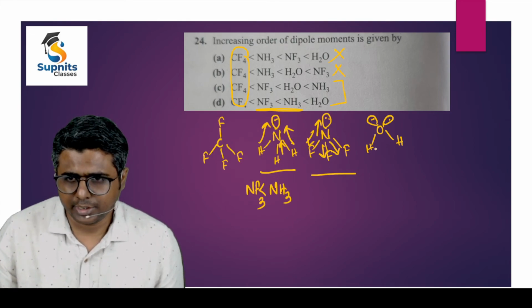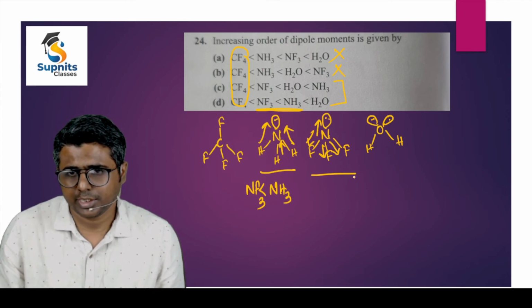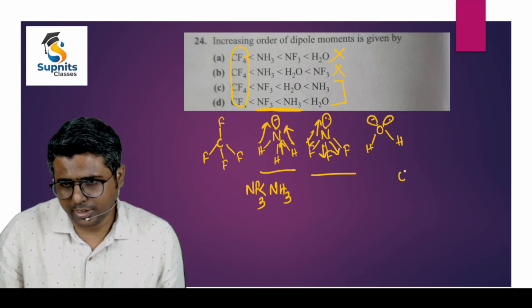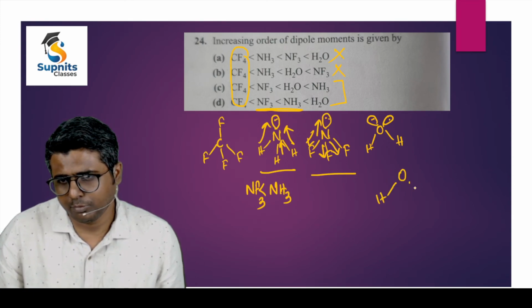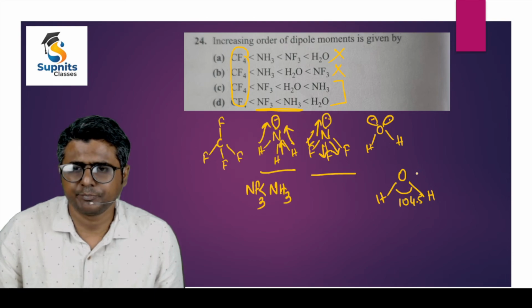Now we'll have to check the difference between NH3 and H2O. If you see the H2O dipole moment, the bond angle will be approximately 104.5 degrees.